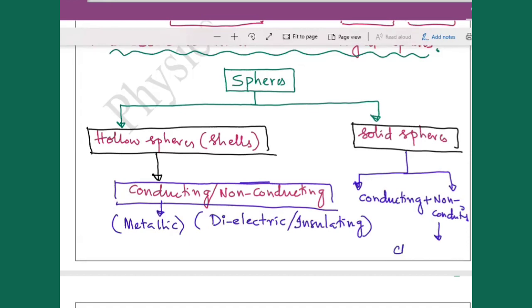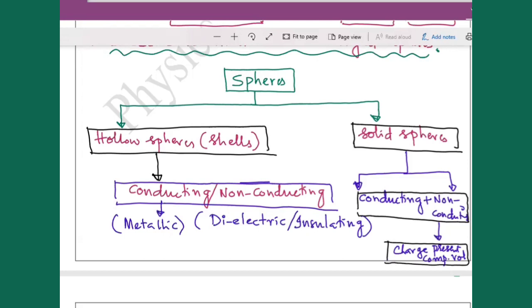So charge is present in the whole volume, the complete volume. Hope it is clear, everybody. This is nothing but conducting or non-conducting. So in non-conducting, your charge is present in the complete volume.